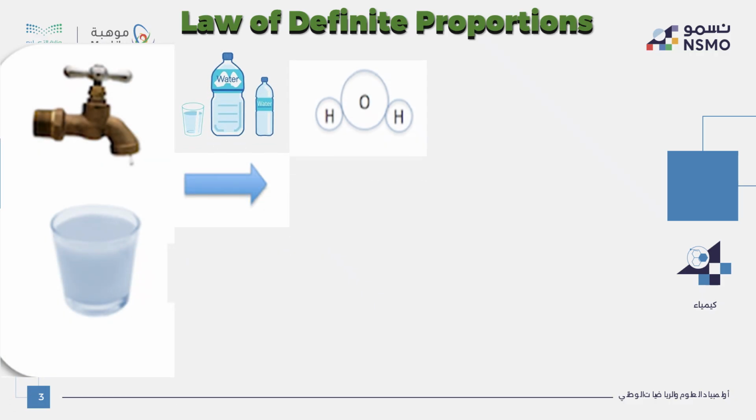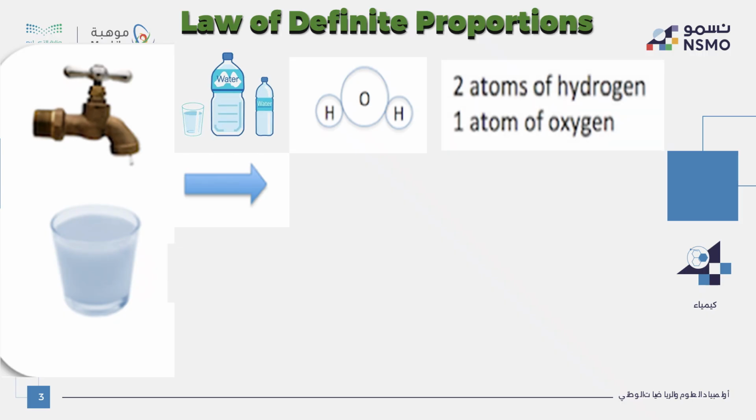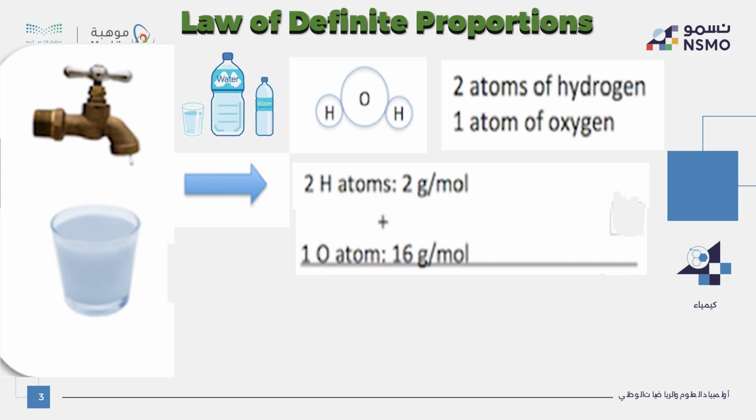Water has a chemical formula H2O, which means it contains 2 atoms of hydrogen and 1 atom of oxygen. Each hydrogen atom has a mass of 1 gram per mole, so 2 hydrogen atoms have a total mass of 2 grams per mole. 1 oxygen atom has a mass of 16 grams per mole.